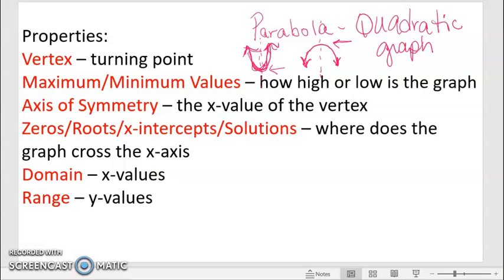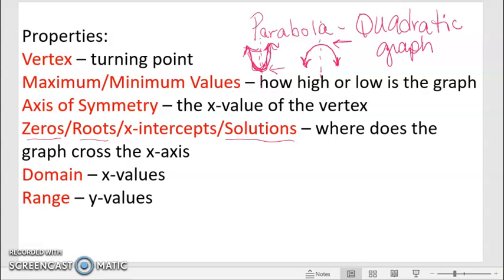Now, we've been talking about x-intercepts because we had that on our last test. To solve for a quadratic, you find the x-intercepts. Okay? So the x-intercepts have a lot of different names. They are called the zeros of a function. They are called the roots, or they're called solutions. And all that means is where does the graph cross the x-axis.